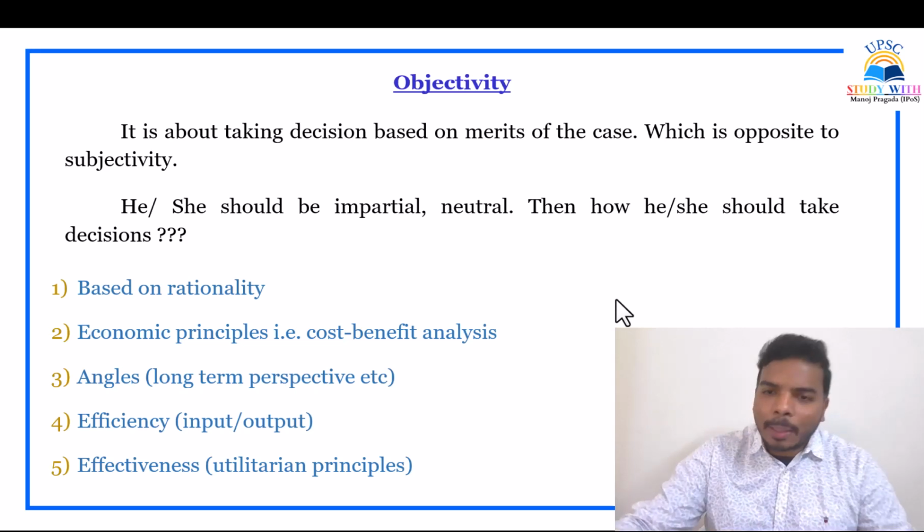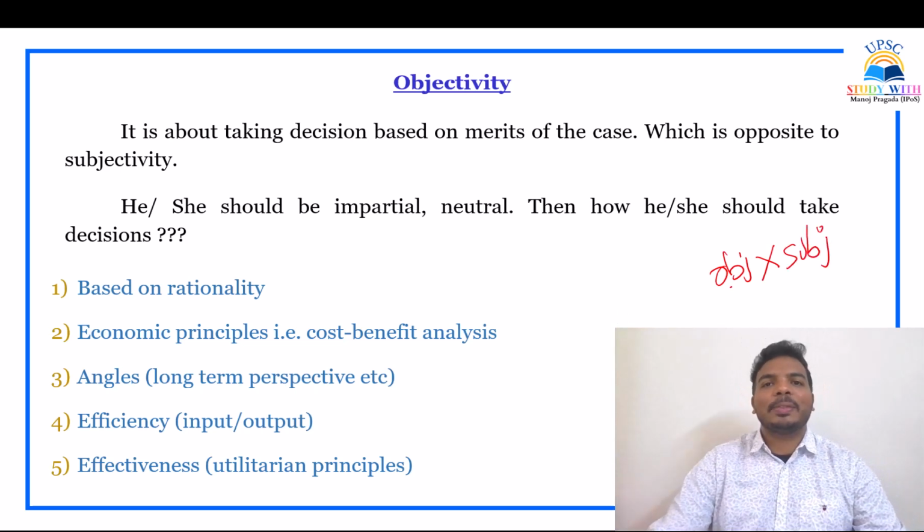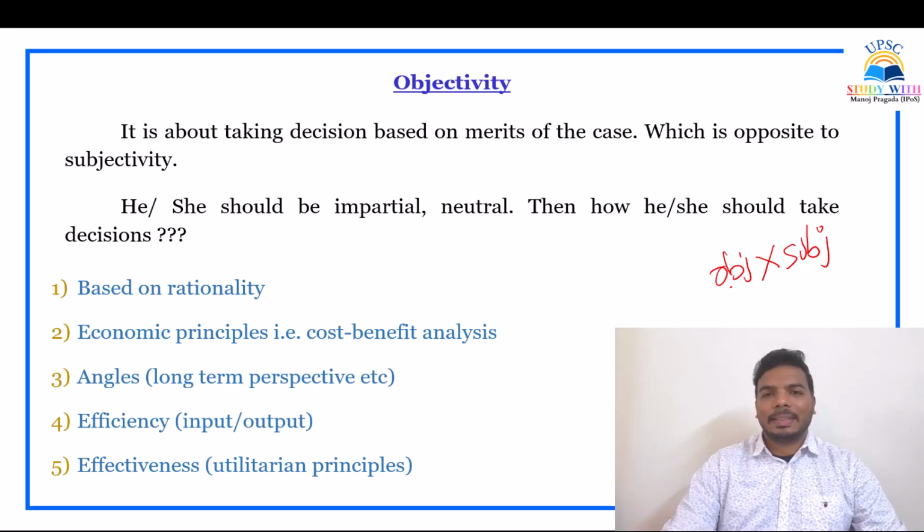That is what is objectivity, which is opposite to subjectivity. What is subjectivity? Subjectivity means you are subjective in nature. You are taking decisions based on a subject. What is the subject? Maybe you are aligned to your region.